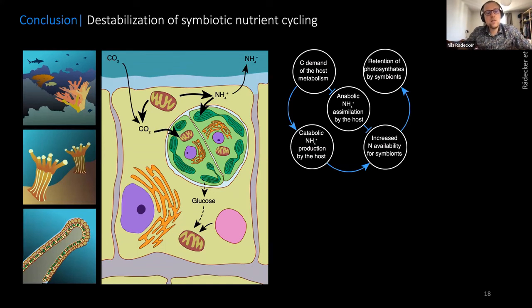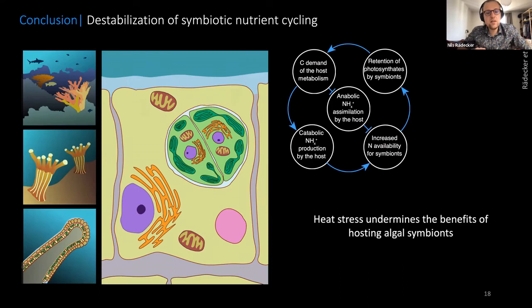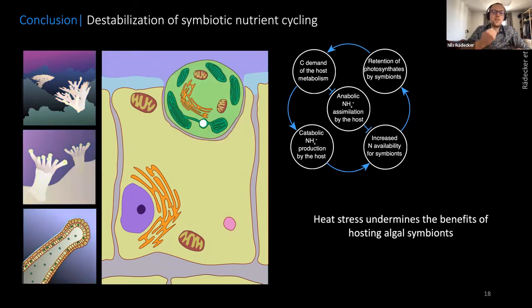And this, of course, ends up in a nice positive feedback loop where we can reiterate these processes over and over again until we reach this point where these algae have so much nitrogen available that there's no longer any incentive to translocate to the host. And of course, if there is no translocation to the host, that means that during heat stress, eventually we reach this point where there's no longer any ecological benefit of hosting algal symbionts for the host.